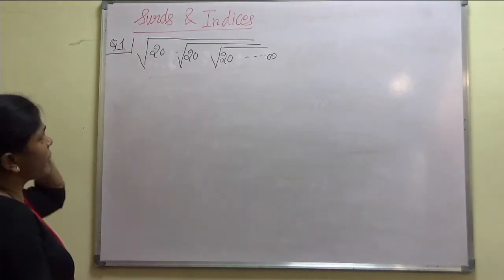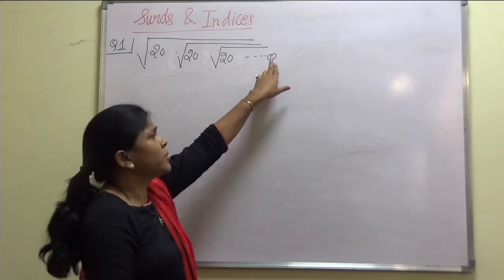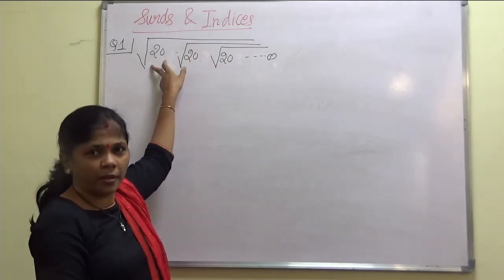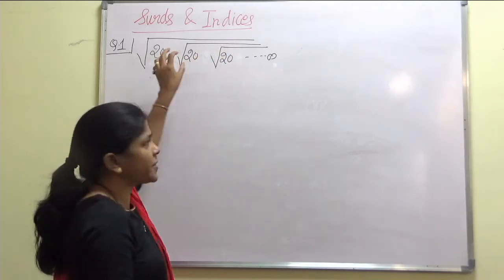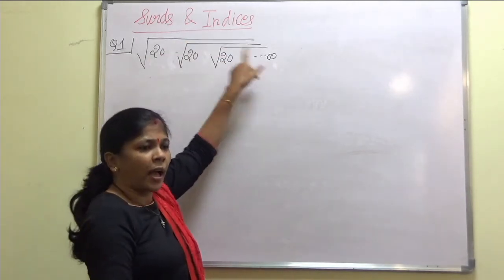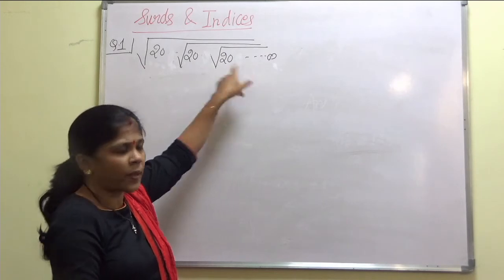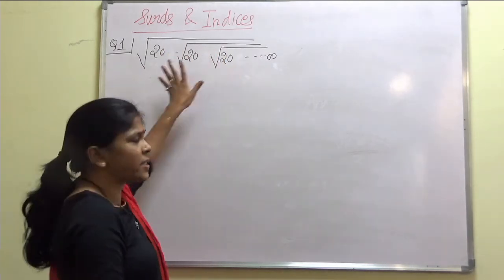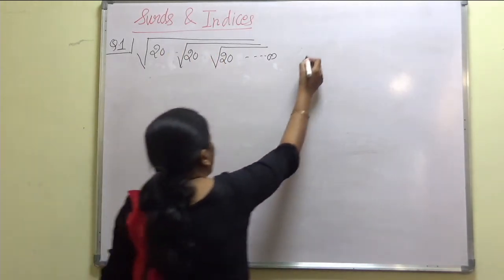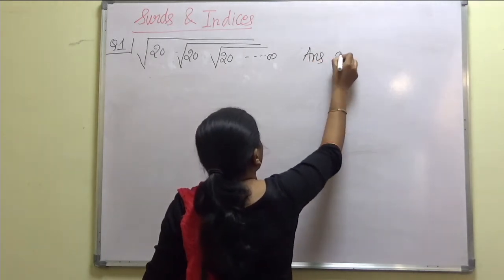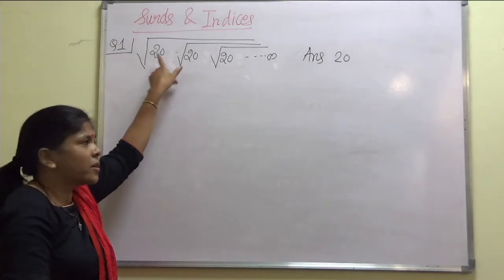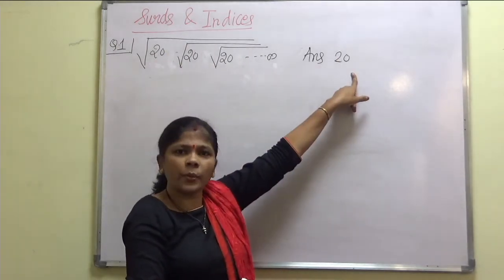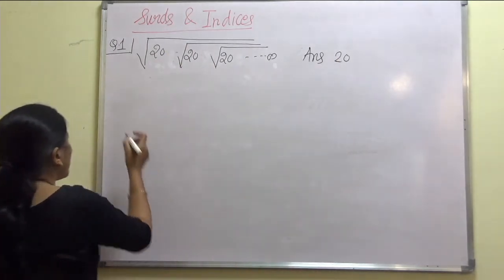So what we find here is that we have terms up to infinity and they are in product, under root of 20 into again under root of 20. In this case, as we have infinite terms which are in product, and within the under root sign, the answer will be nothing but the base number itself. What is written here? It is written 20. So that's why we will write the answer as 20. In this way one can get the answer.